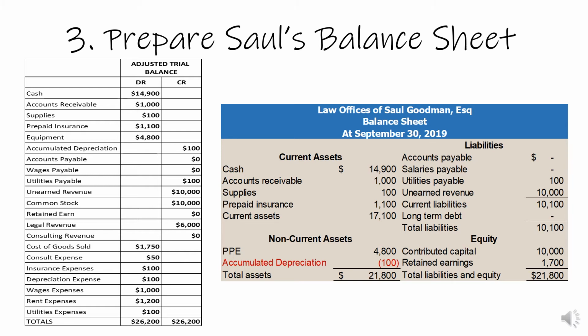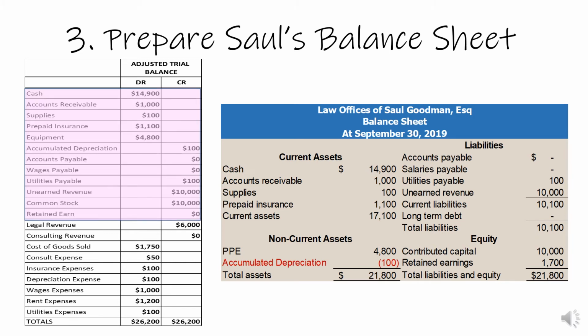The third phase of preparing the financial statements is the preparation of the balance sheet. The balance sheet shows the accounting equation. It presents our assets as well as our liabilities and our equity.